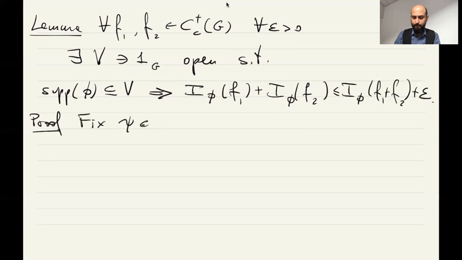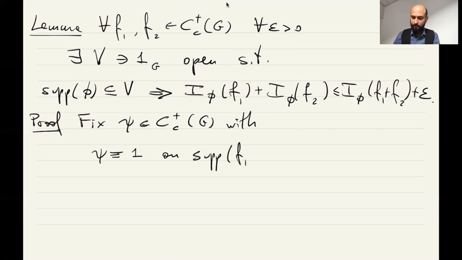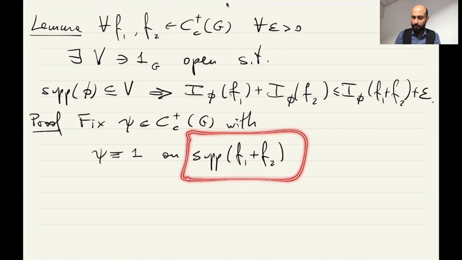psi. We want psi to be 1 on the support of f1 plus f2. These are compactly supported, so this set is compact.